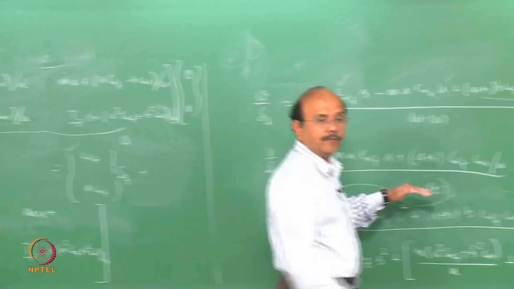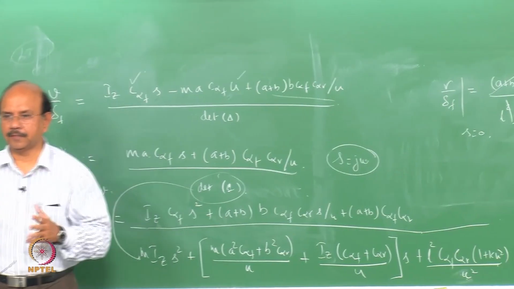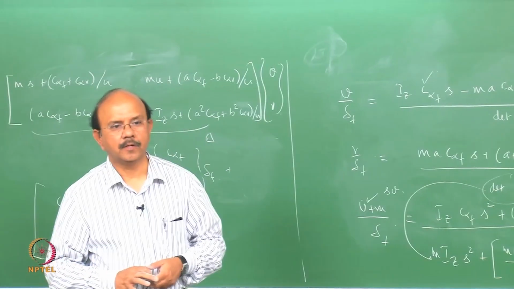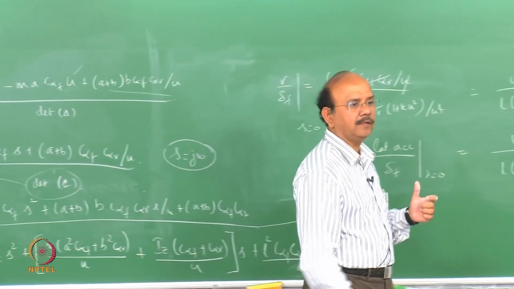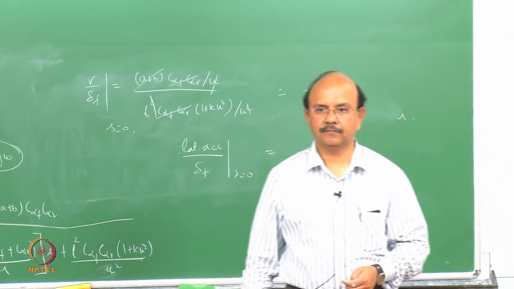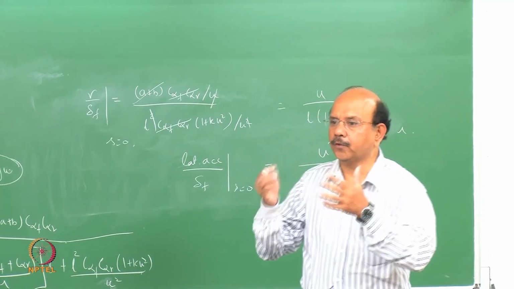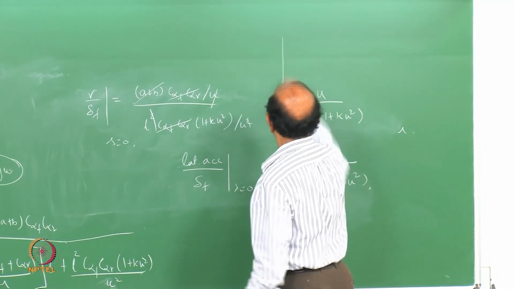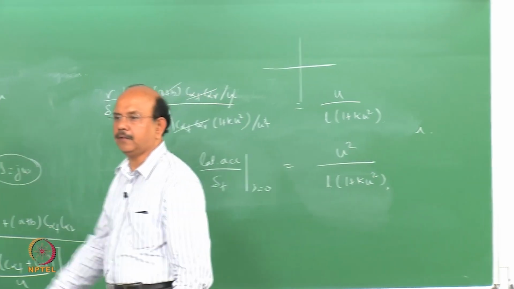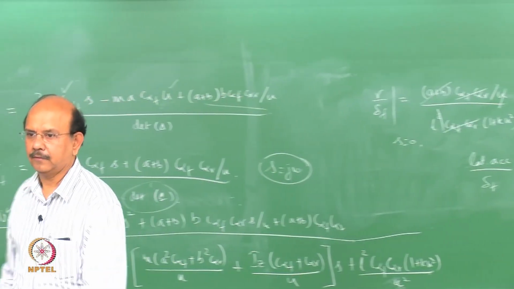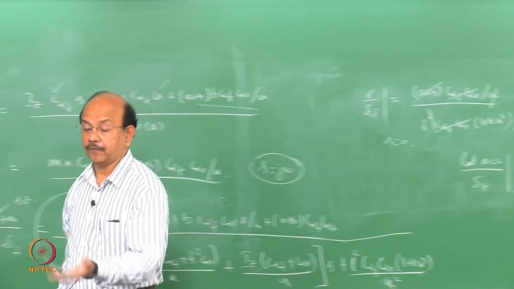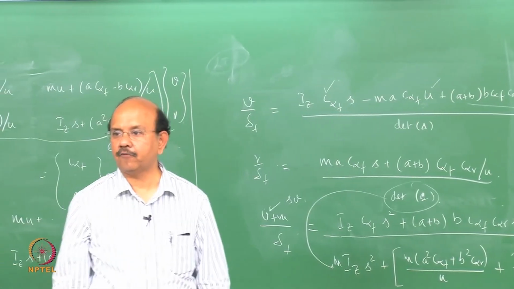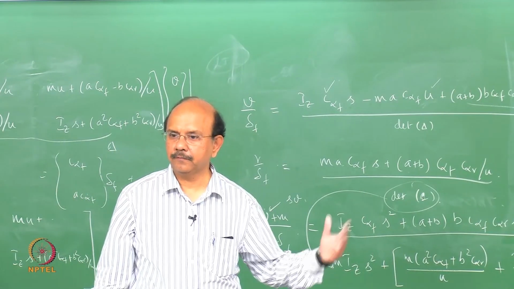I'm just recollecting what you did in your earlier class on controls. Remember also that poles had an important role to play in the stability of the system. So what you did was plot in the S-plane, and you were always worried that the poles should lie in the left half plane of the S-plane.